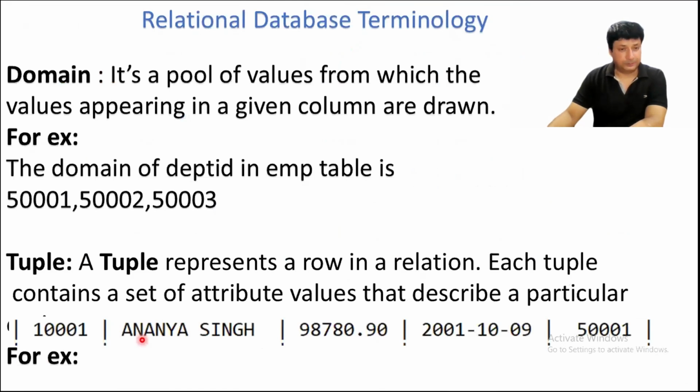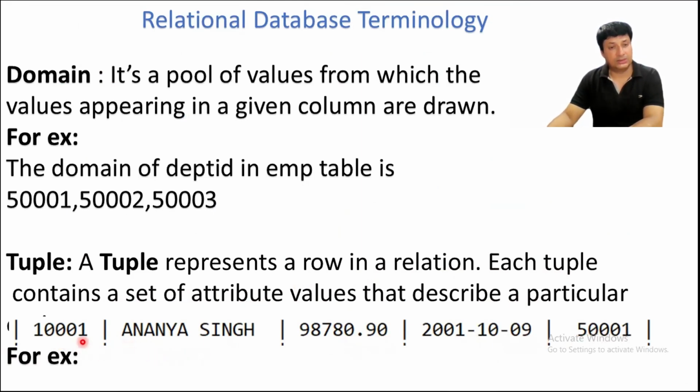Next is tuple. A tuple represents a row in a relation. Each tuple contains a set of attribute values that describe a particular entity. For example, here in this case, we have EMP ID, EMP name, EMP cell, date of birth, and department ID. All together, this becomes a tuple.